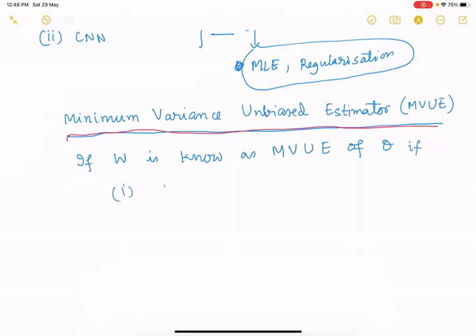One, expected value of W is theta, that means W itself is an unbiased estimator.